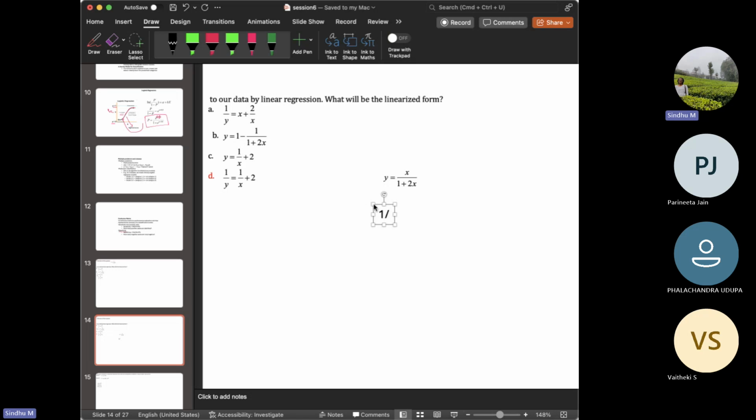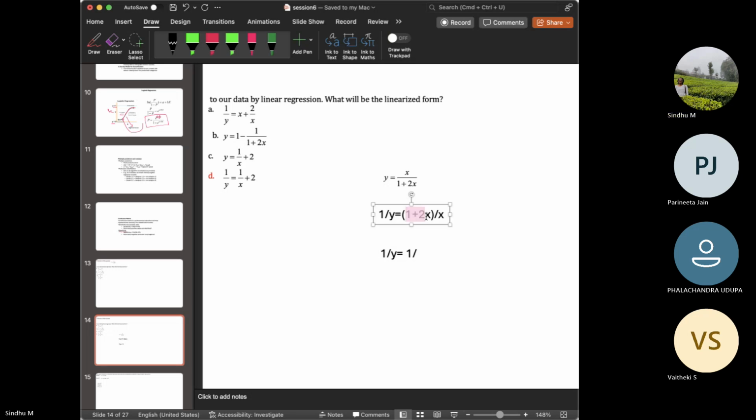When you take a reciprocal, it will become 1 by y is equal to 1 plus 2x whole divided by x. In the next step, you can write the terms of the right hand side separately.